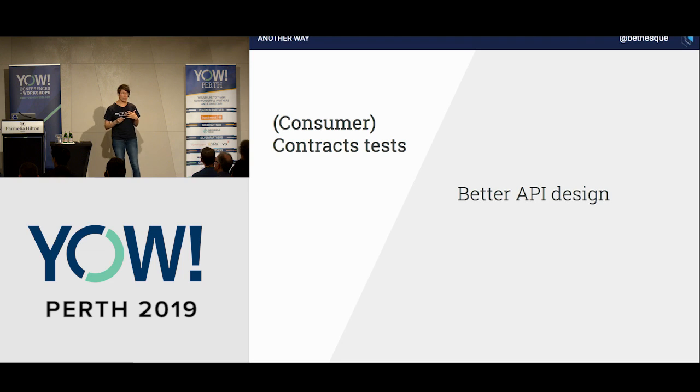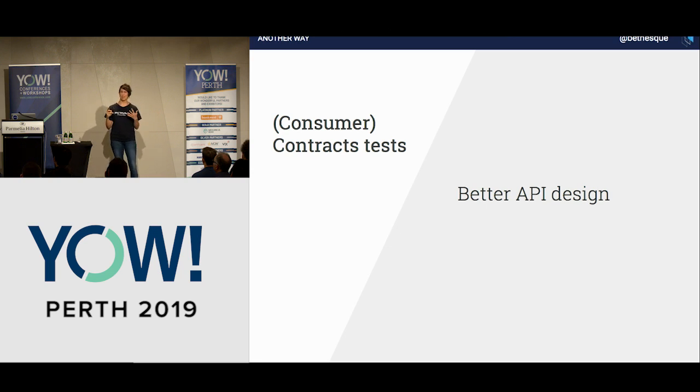Now, if you're using this type of contract testing, which is actually called consumer-driven contracts, you're actually getting an even better design for your API. Now, most APIs are designed like this. I have a data source. What's the fastest way I can get the data out of my data source into an HTTP response?